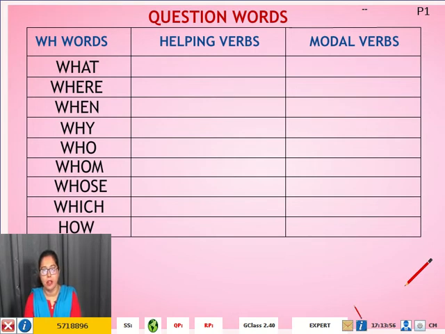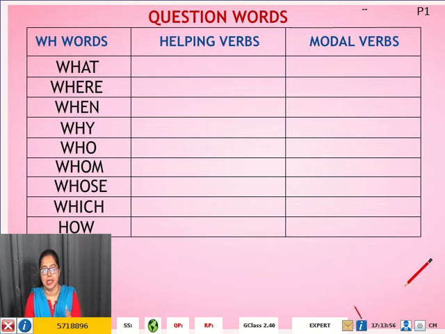So I'll just repeat once again. WH words are usually question words. We use them while questioning, in a sentence which asks a question. So what are WH words? WH words are what, where, when, why, whom, whose, which, and how.